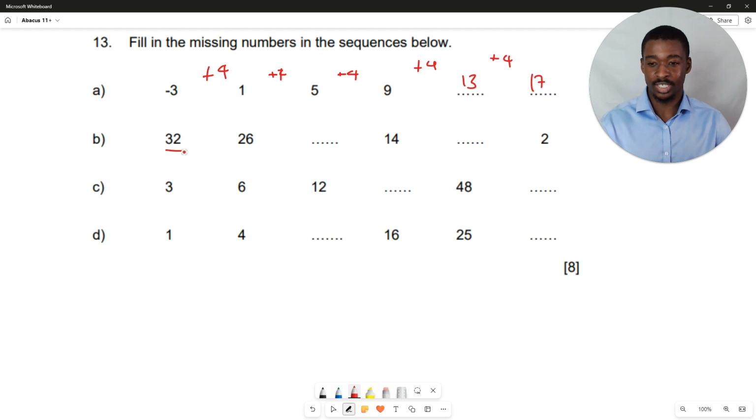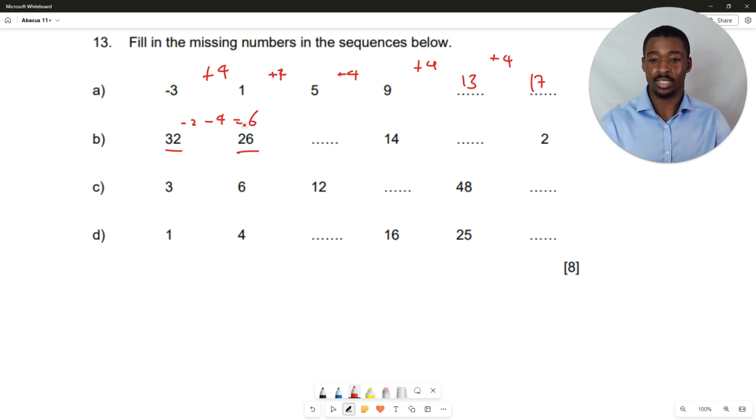Part B, 32 to 26. What's going on here? Well, to go from 32 to 26, what are we subtracting by? Well, going from 32 to 30 is subtracting 2, and then going from 30 to 26, we're subtracting an extra 4.